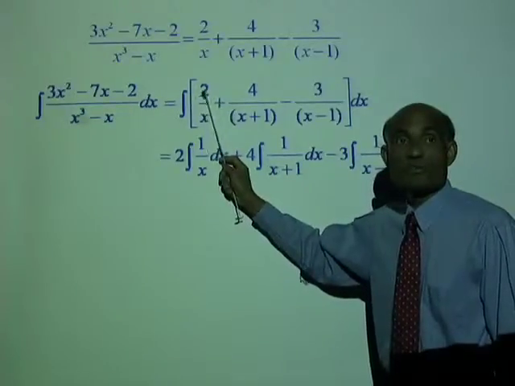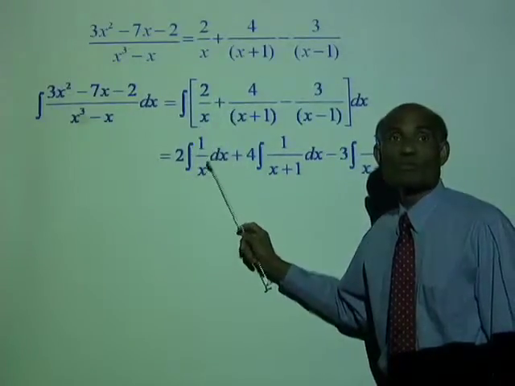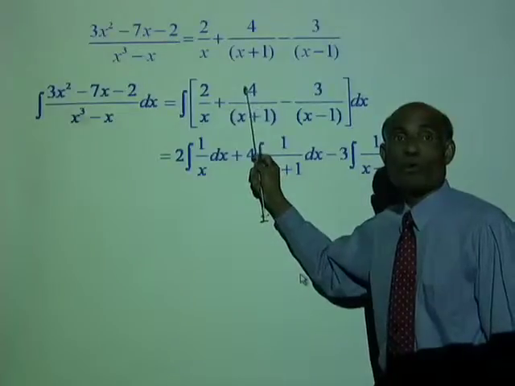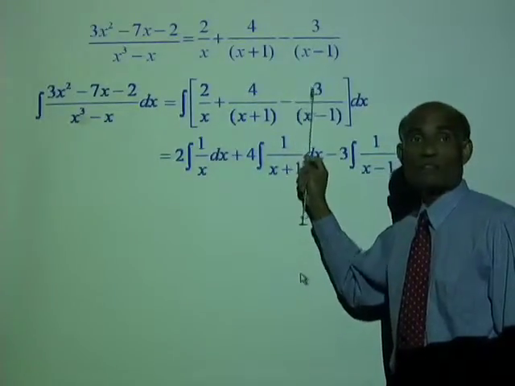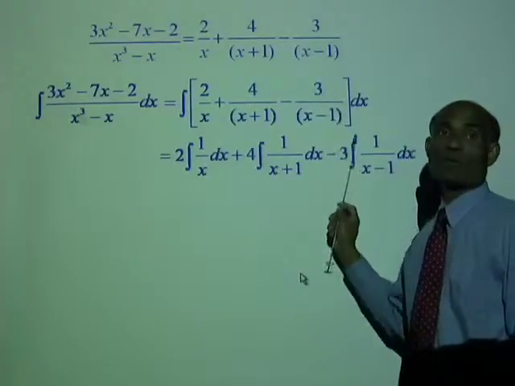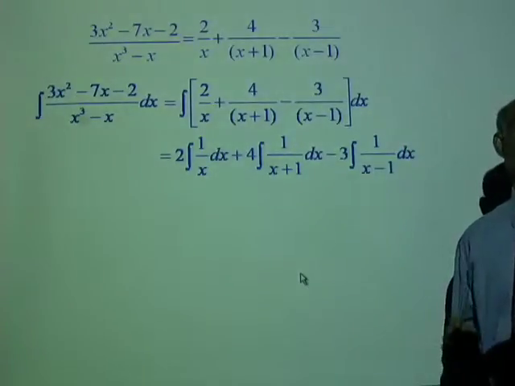That would be 2 integral 1 over x dx plus 4 integral 1 over x plus 1 dx minus 3 integral 1 over x minus 1 dx.